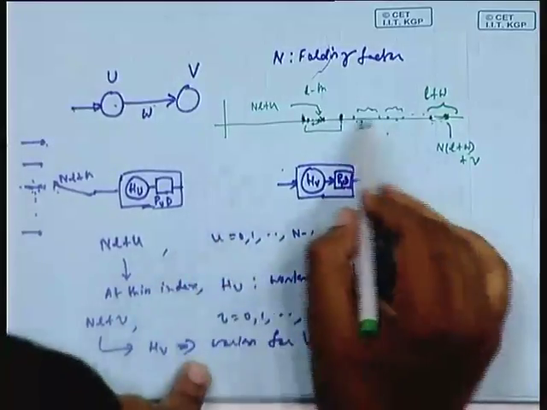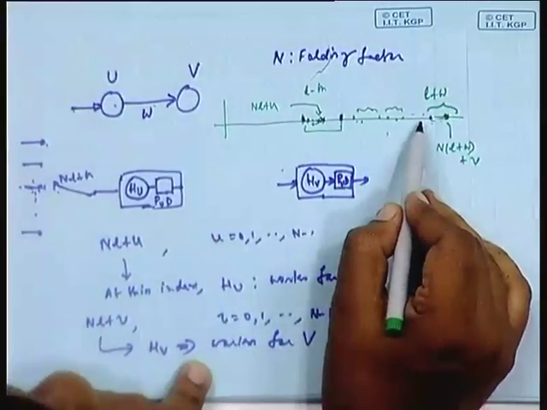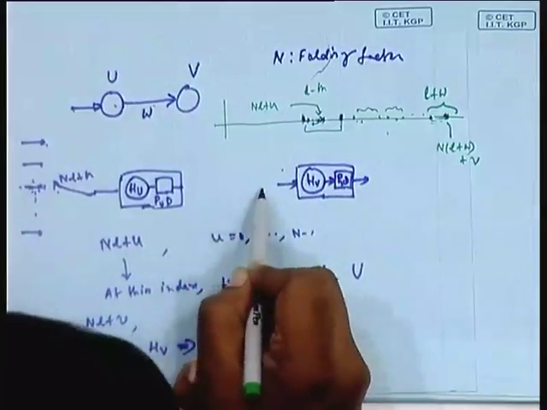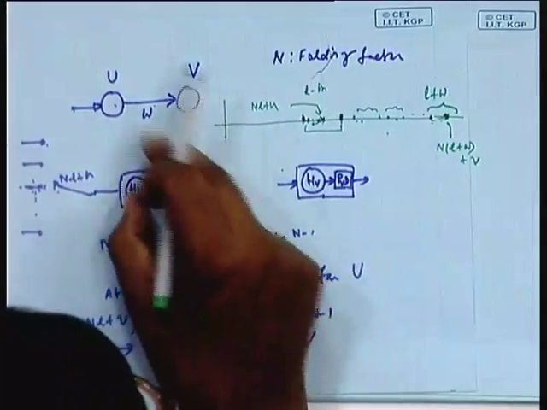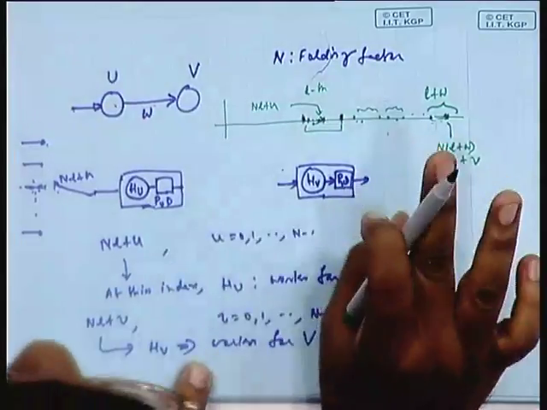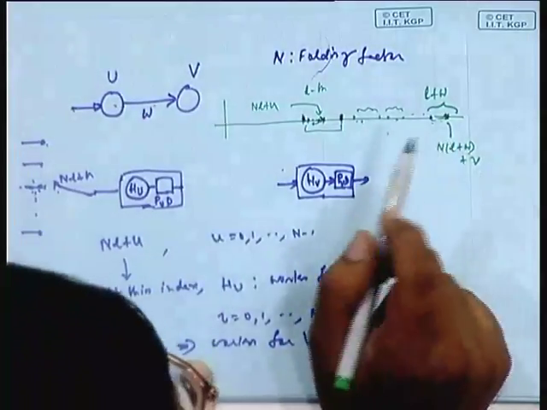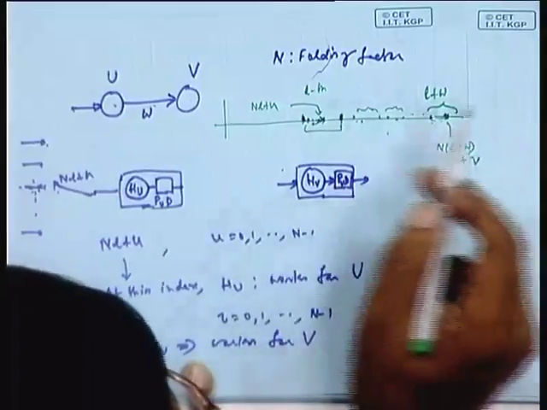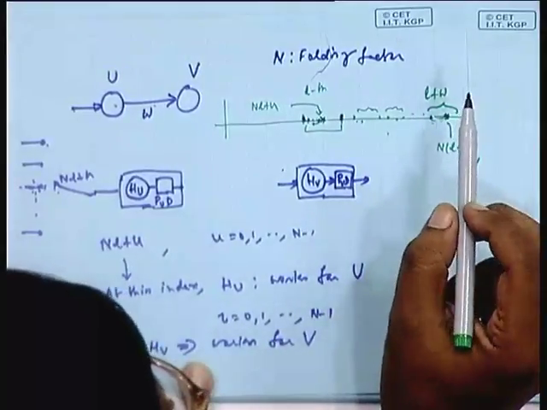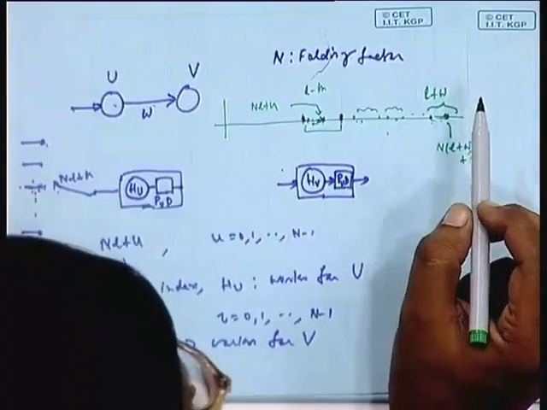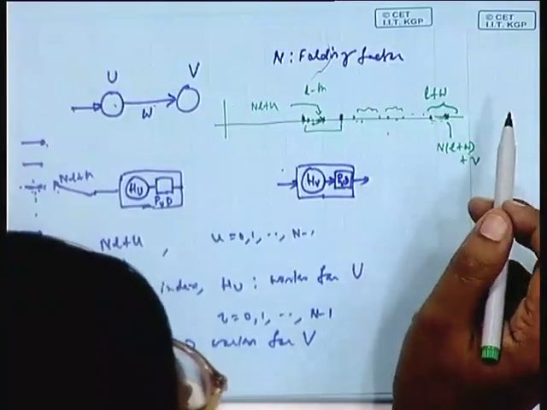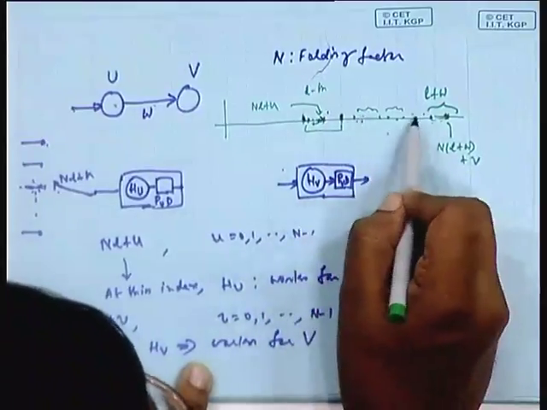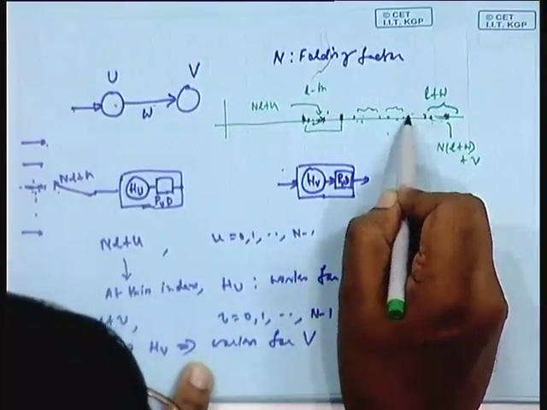That much of delay, in terms of the system clock, should come up in this path when this is acting for U and this is acting for V. Okay. How much is that delay? Suppose I count this, say 0th first, up to the one just before this.